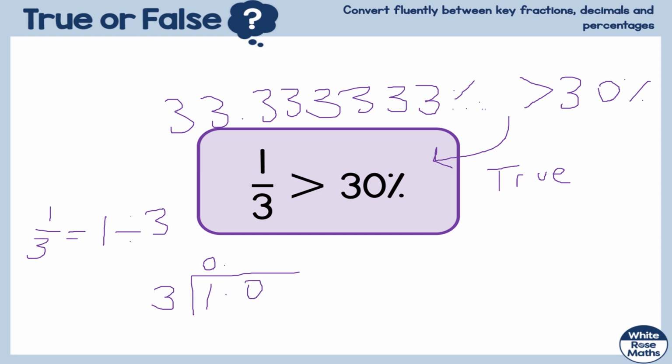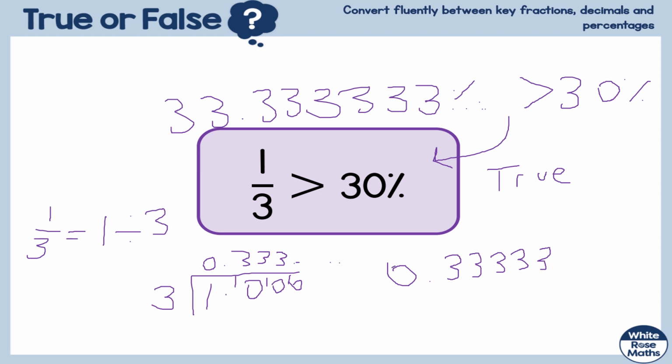I'm going to put a 0, so carry the 1. 3's into 10 go 3 times with 1 left over. 3's into 10 go 3 times, so it goes on forever, 0.3333333333 and so on. Now, to convert a decimal to a percentage, I'm going to times that by 100, so I'm going to be very careful here.